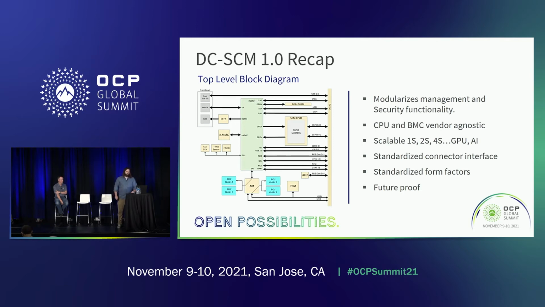The connector interface is defined as the DC-SCI, as mentioned, and it also goes as far as to standardize on vertical and horizontal form factors. It's future-proof: an attempt has been made to include a superset of anything you could need from any architecture.